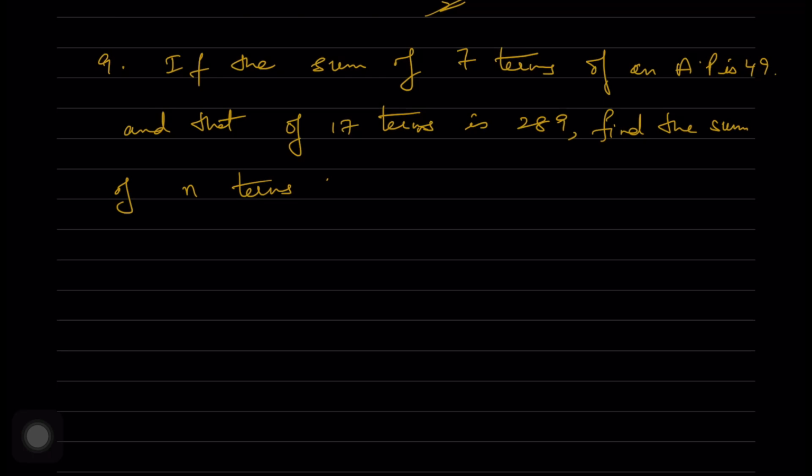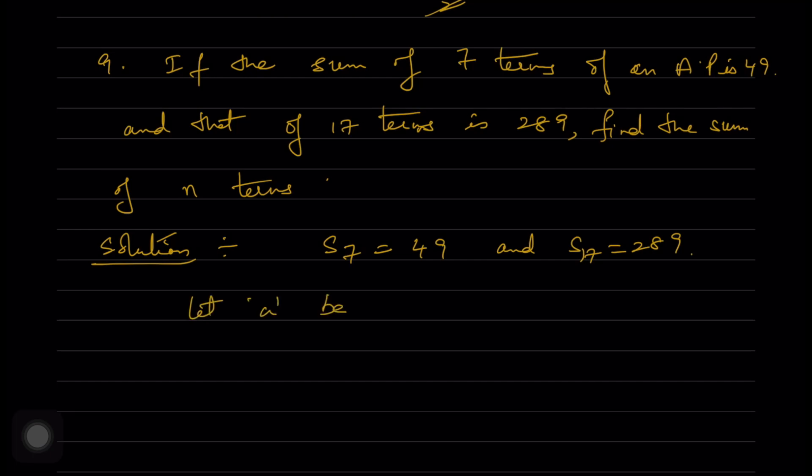Okay. So now here we have to find the first solution. We are given here S7 is equal to 49 and S17 is equal to 289. So let A be the first term and D the common difference.